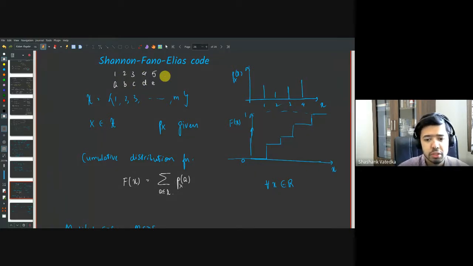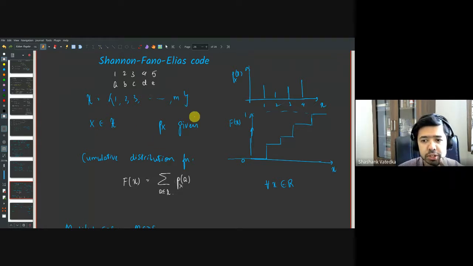So this mapping is 1 to 1, and we'll assume that this is known. Okay, so we'll fix some mapping of the actual alphabet with the set 1, 2, 3 up to m. So for our purposes, the alphabet that we have is just the set of m positive integers.